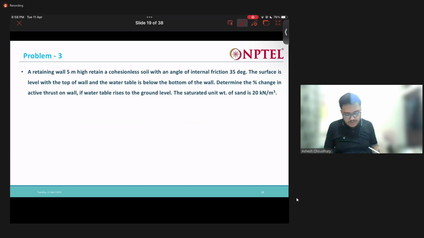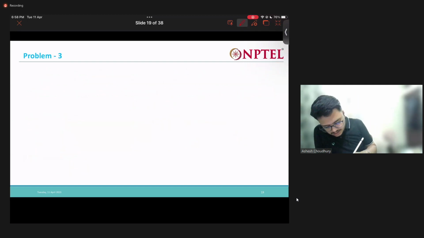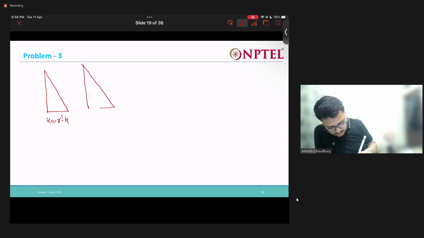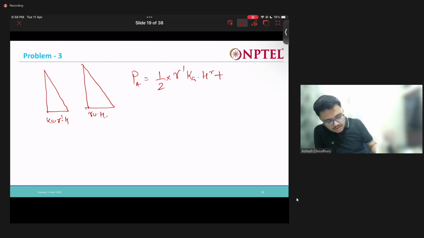The second case is when water is there at the top. So when water is there, we'll have K into 5 into H and put it to the water. So P is equal to half into K square into H square.